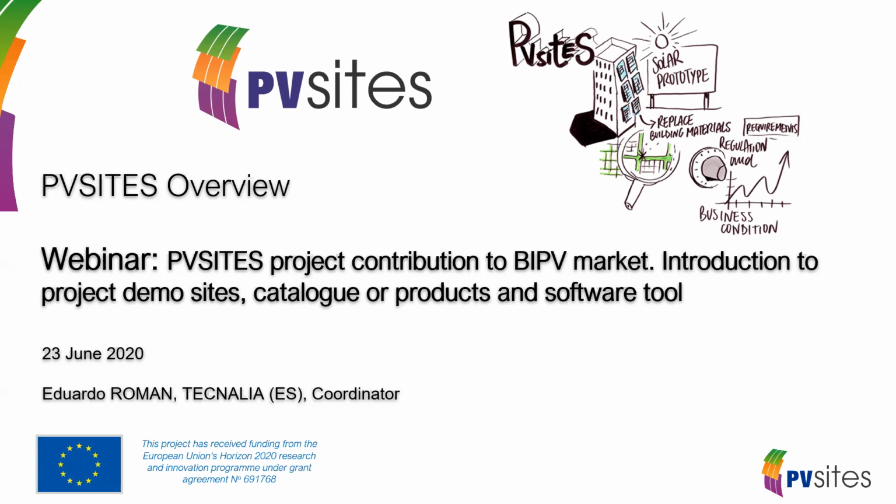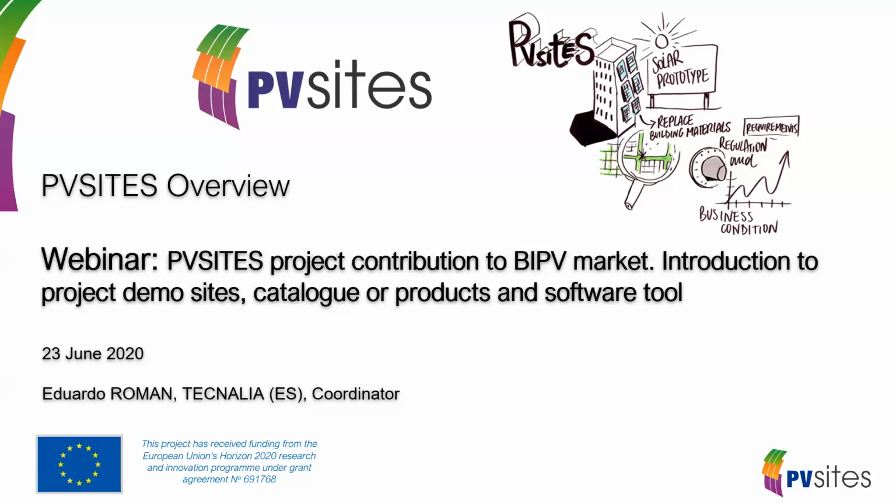And when this project started in 2016, and this was the main objective of this project, the idea was to provide solutions and to give answers to the market needs, to the requirements coming from the market, from the business aspect, in order to increase the share of BIPV in the whole PV installed capacity.